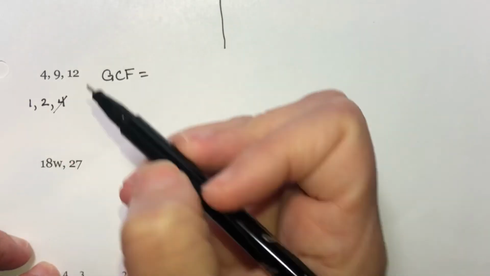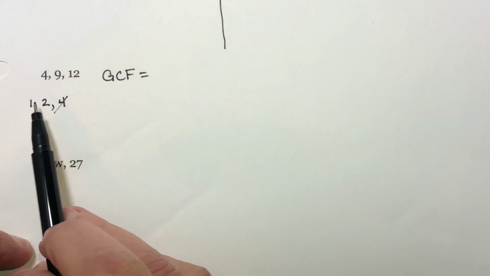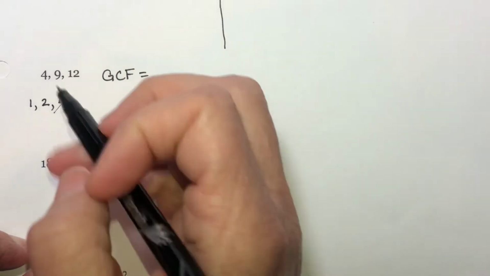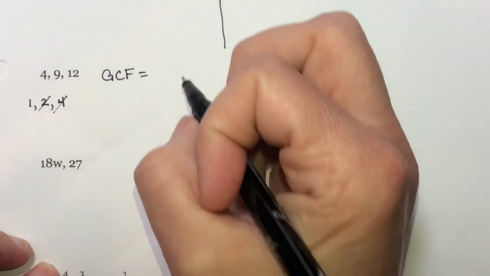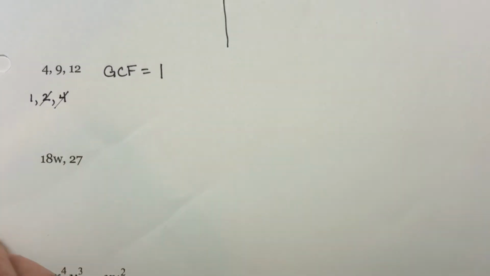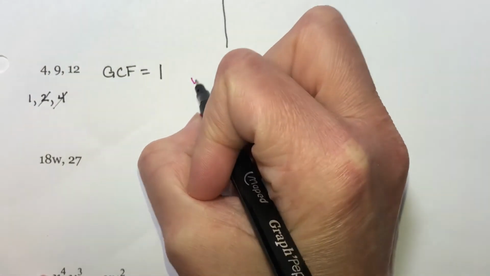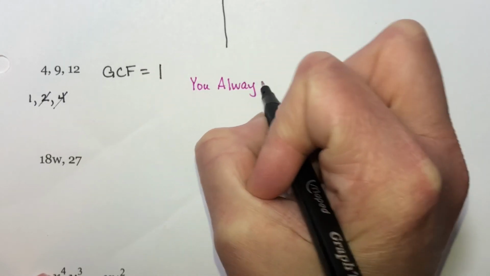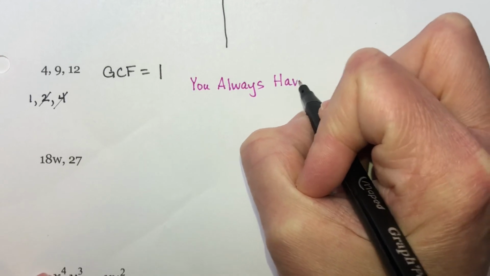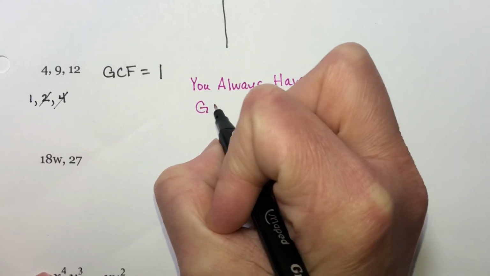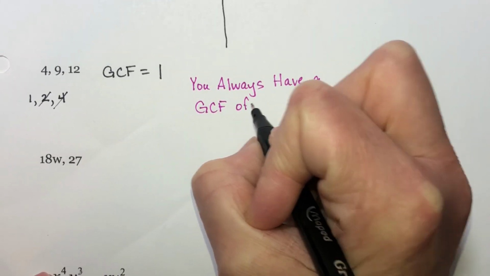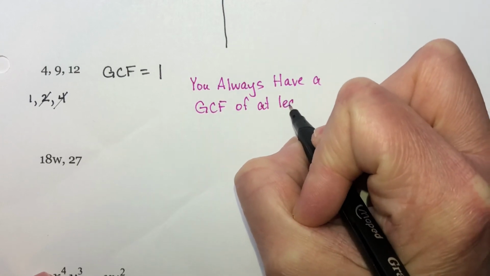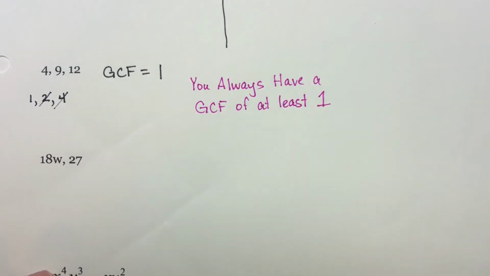We already said 4 didn't work. Does 2 work? 2 also does not divide into 9, so that doesn't work. Your GCF is 1. You always have a GCF of at least 1, and that becomes important in just a bit.